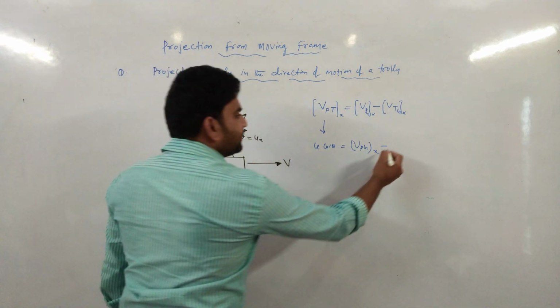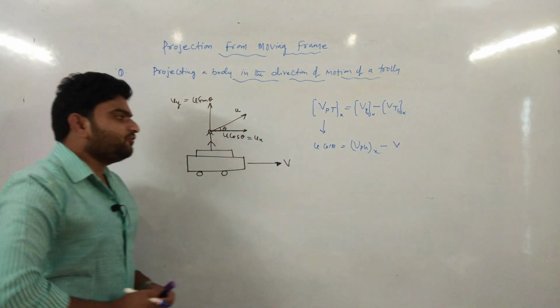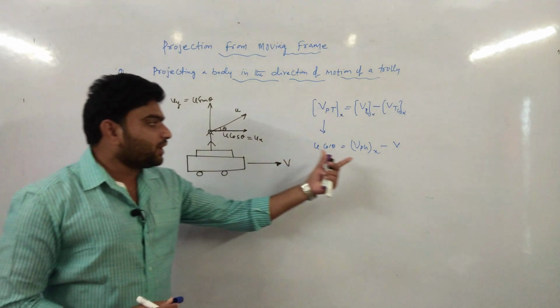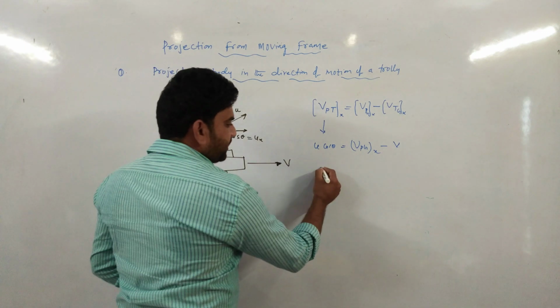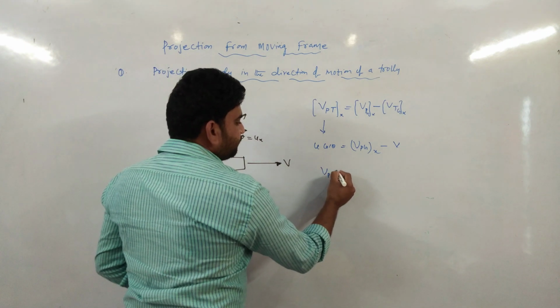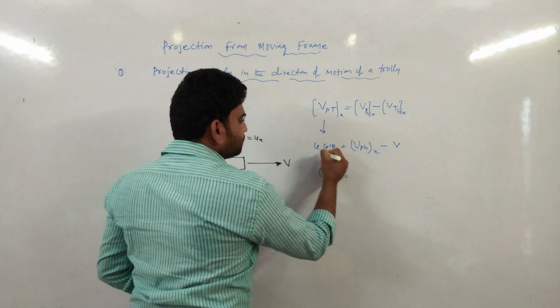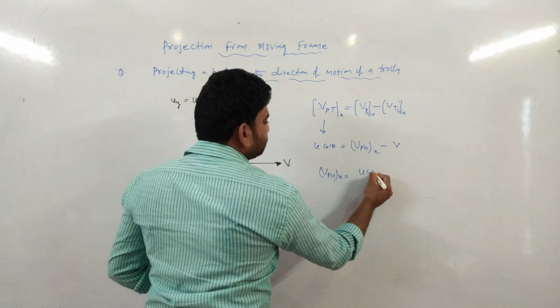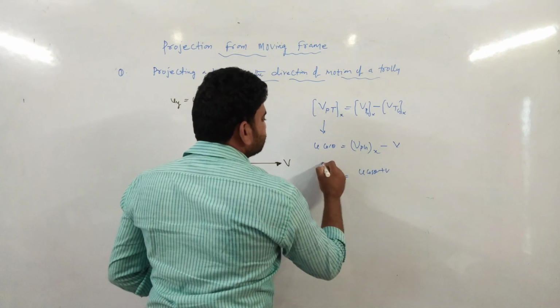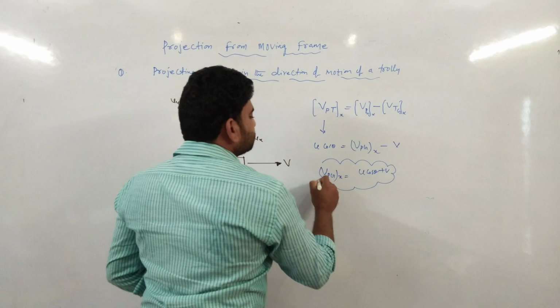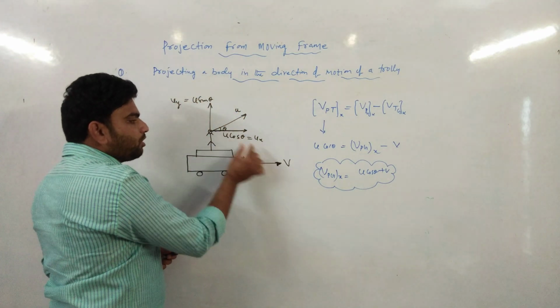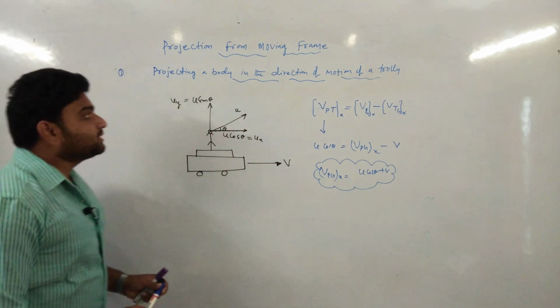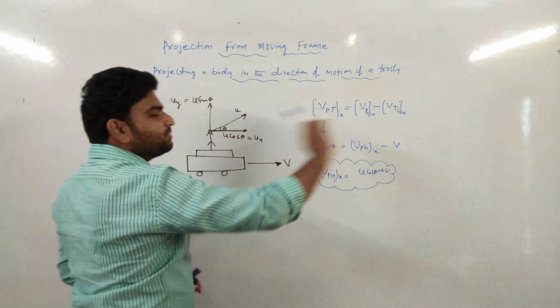So we have that information. From here we can calculate the velocity of projection from the ground, and it becomes u cos theta plus v. So the velocity of projection with respect to ground is u cos theta plus v, as the two bodies are acting in the same direction.